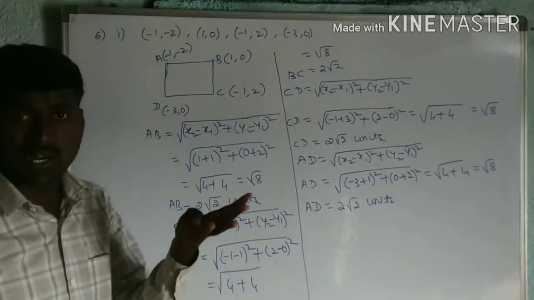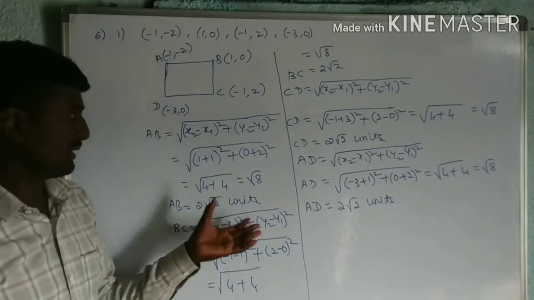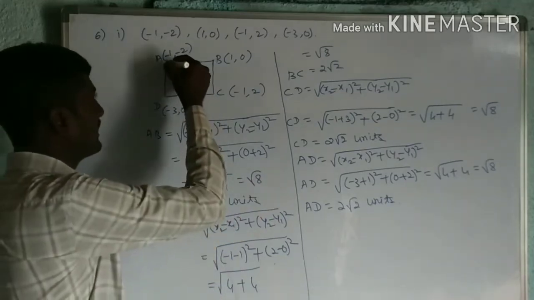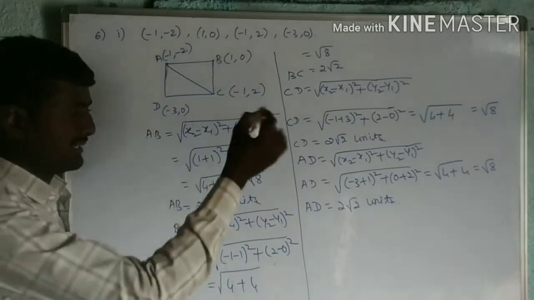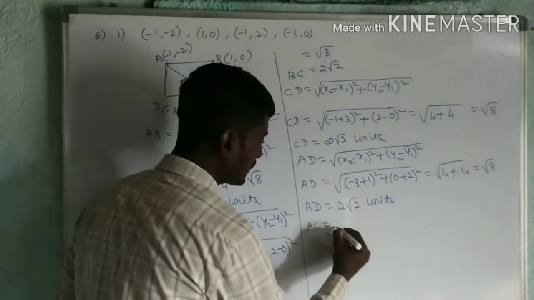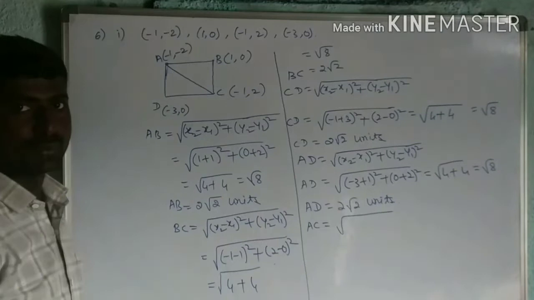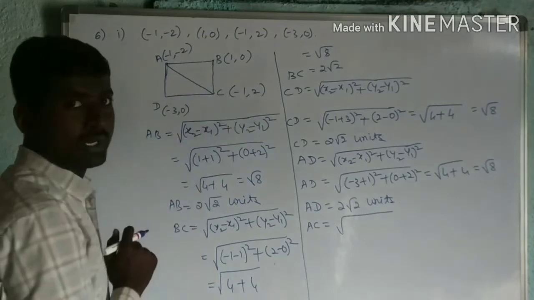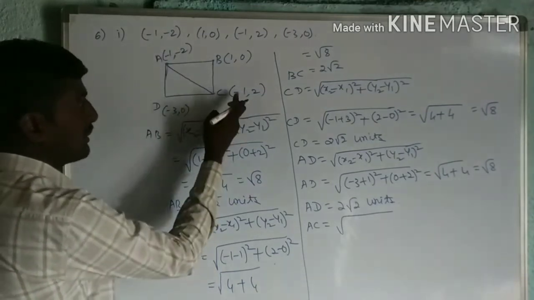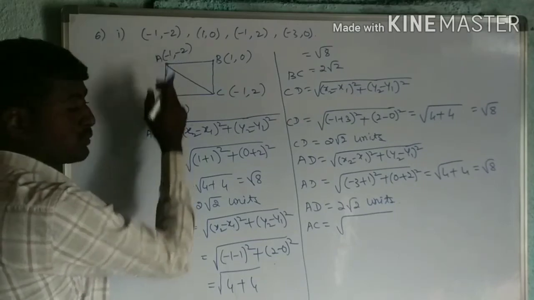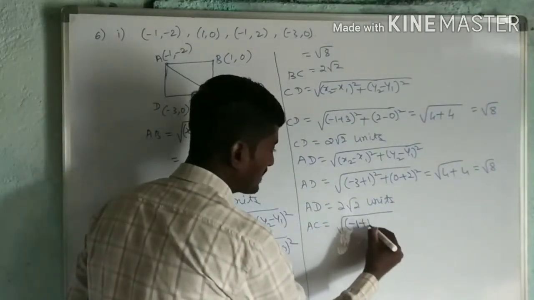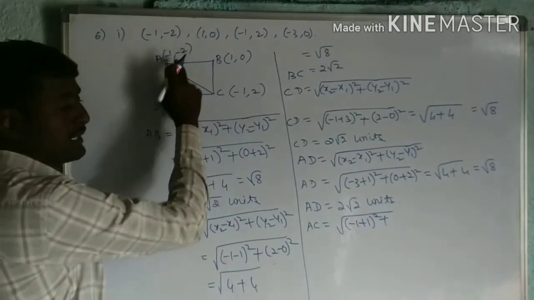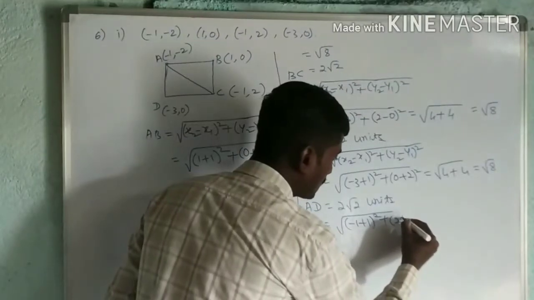It may be a square or it may be a rhombus. We cannot judge it now. So after that I'll go for the diagonals, those are AC and BD. First I'll find AC. AC is equal to the square root of, now directly I'll substitute here. For these two I'll take this as x1, y1 and this as x2, y2. So it is (minus 1 plus 1) whole square plus (2 plus 2) whole square.